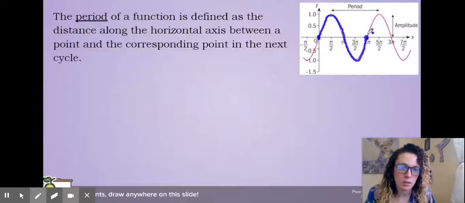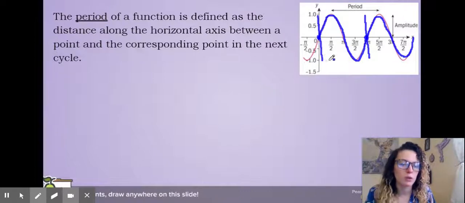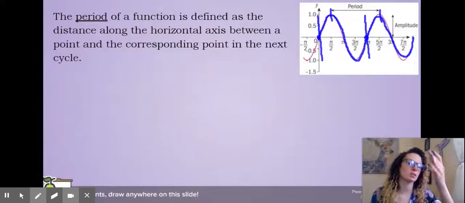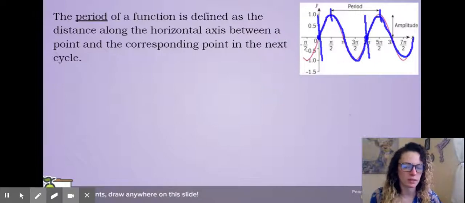And then it repeats itself. So that means this is one full cycle or one period. You can also go max to max, min to min, like the arrows here. Once you see it start repeating, that indicates the closure of one period.